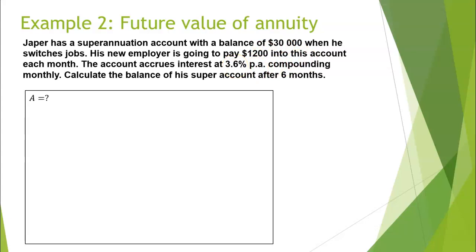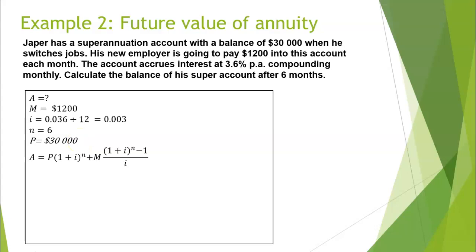So let's write down what we know. So A equals what we've got to find out. M is $1,200. The interest rate is 0.036 divided by 12, or 0.003 expressed as a decimal per compounding period. We want 6 compounding periods, and his principal was $30,000.